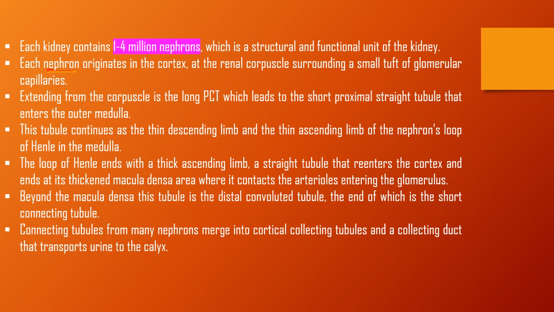The nephron originates in the cortex at the renal corpuscle, which is the tuft of glomerular capillaries, which then leads to the proximal convoluted tubule, then the thin descending limb and the thin ascending limb of the loop of Henle, then the thick ascending limb, which leads to the distal convoluted tubule.